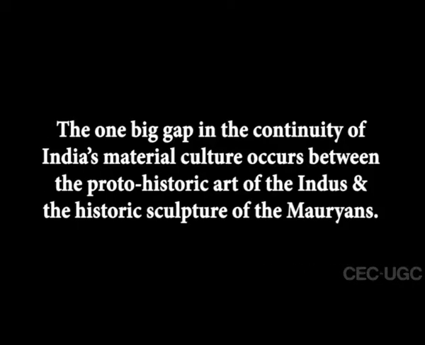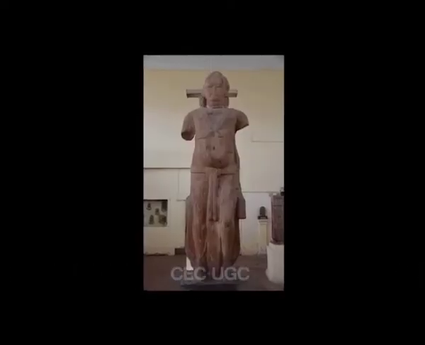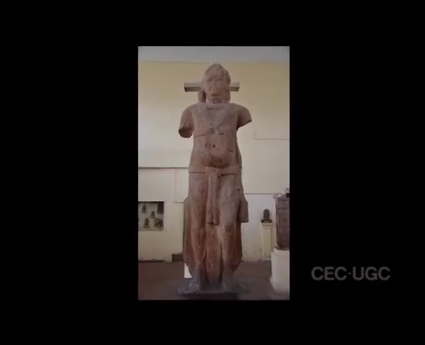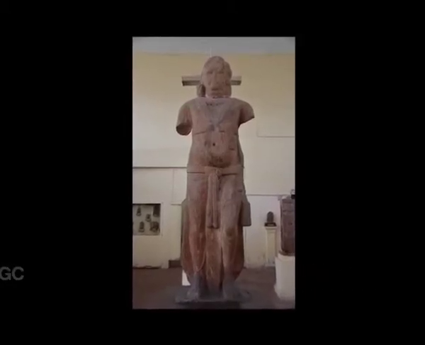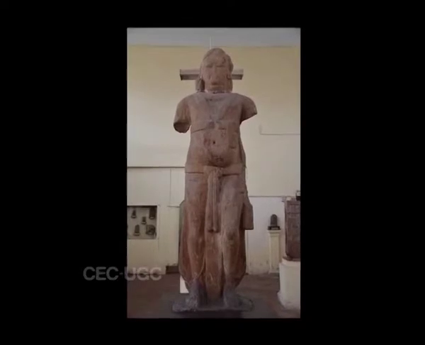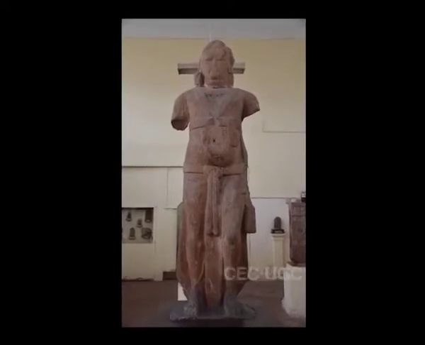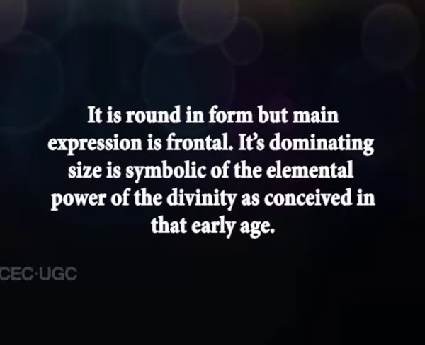The one big gap in the continuity of India's material culture occurs between the proto-historic art of the Indus and the historic sculptures of the Mauryans. About the 4th century BC, we come across monuments of stone in the form of colossal yaksha images, of which one is from the village of Parkham. It is round in form, but its main expression is frontal.